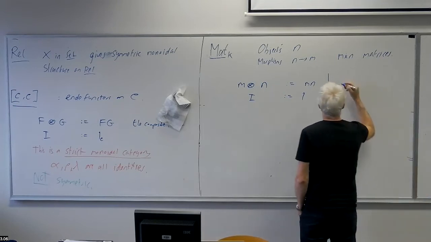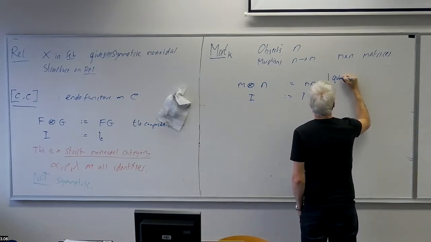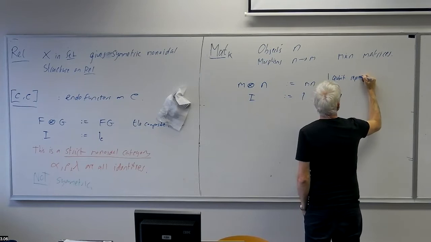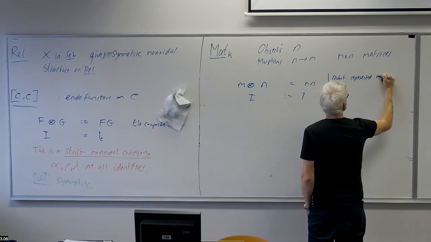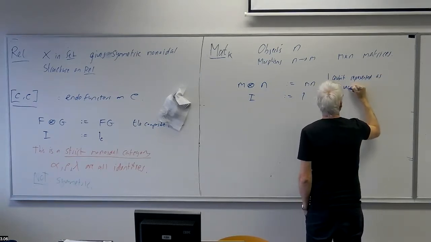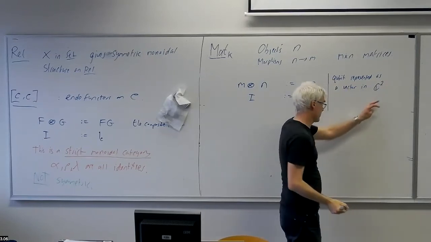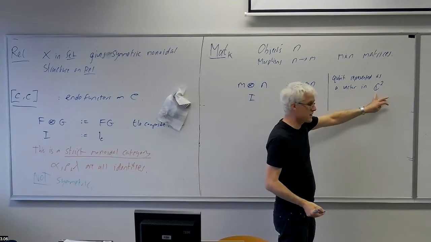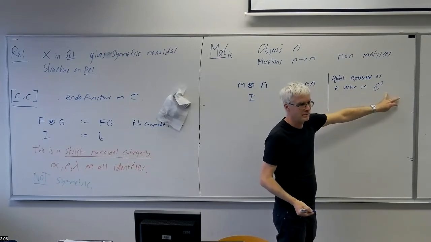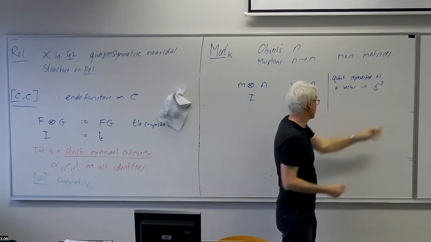So a qubit is represented as a vector in the Hilbert space, which we're just going to view as a vector space, complex numbers squared. Okay, so that's one qubit.